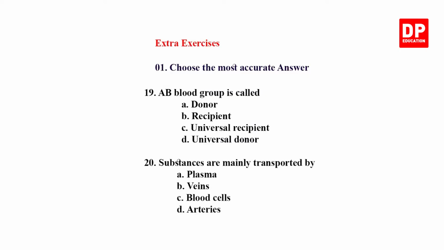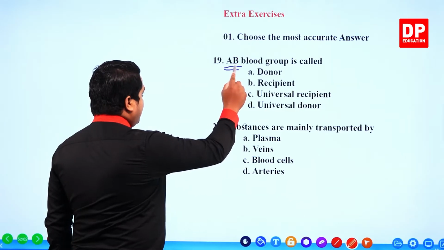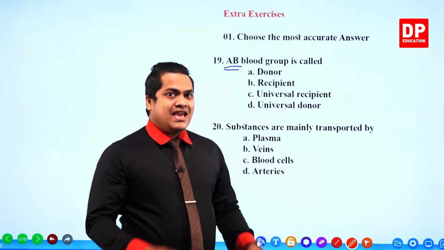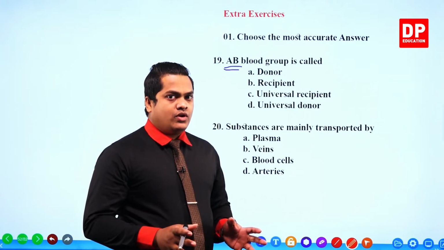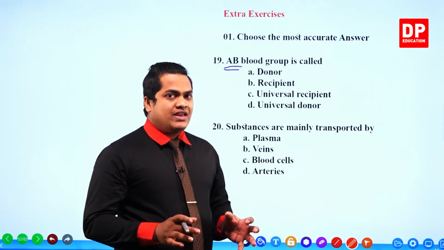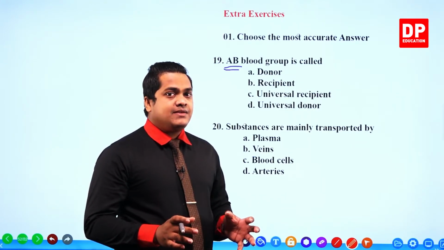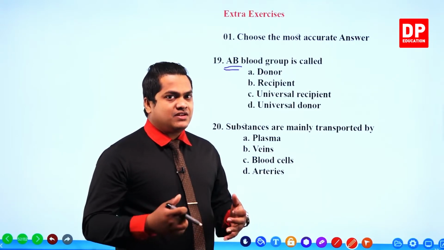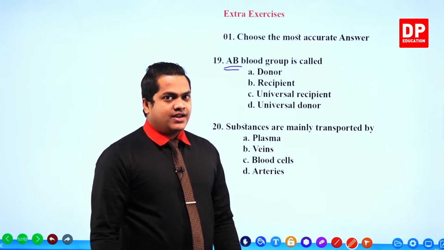Right. AB blood group is called the... So this is very easy, my dear children. AB blood group is called the universal recipient. AB group is the universal recipient, right?